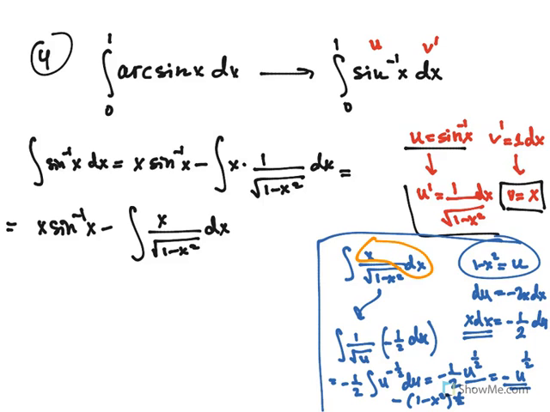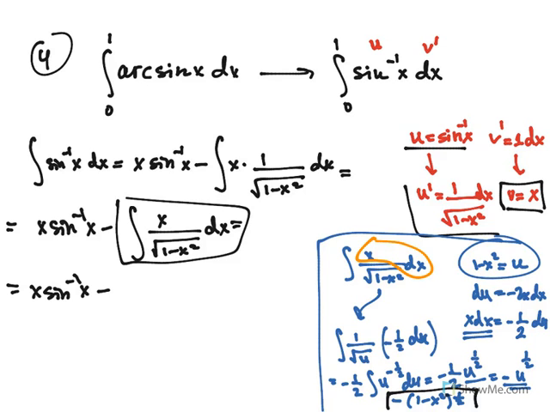Okay, so that means we're going to continue here. x sine inverse of x minus, and this integral we just solved, and we got that. So negative negative gives you positive, 1 minus x squared to the power of 1/2.